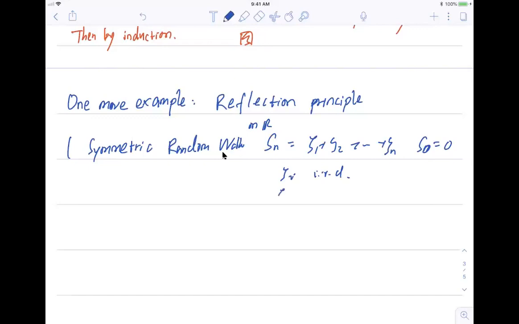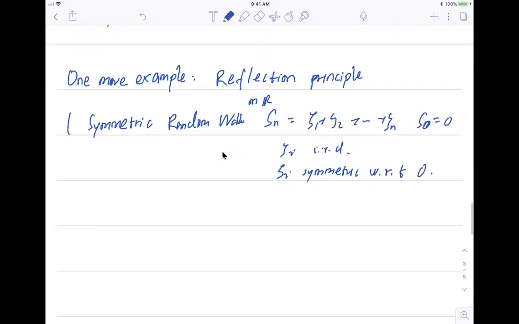Each xi_i has a density function or probability distribution which is symmetric with respect to 0. So x and minus x have the same mass.